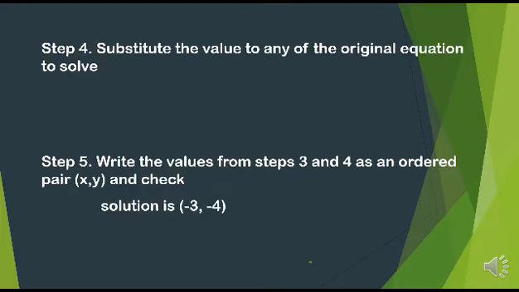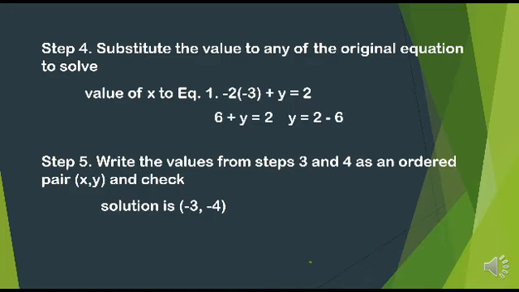Step 4, substitute the value into any of the original equations to solve for y. Using equation 1, we have negative 2 multiplied by negative 3, since it is the value of x, plus y equals 2. So 6 plus y equals 2, therefore y is equal to negative 4.